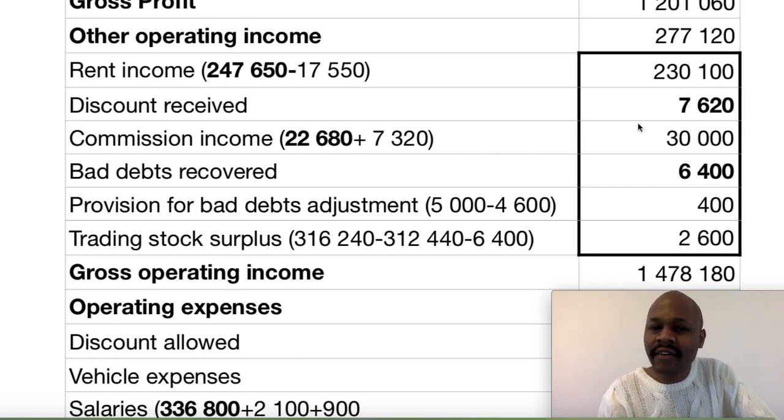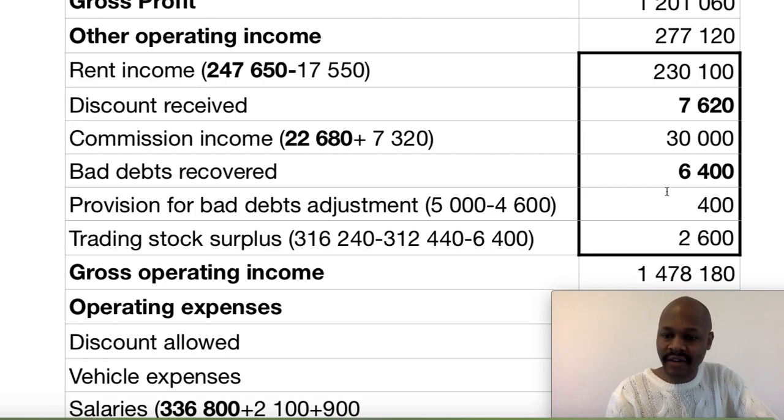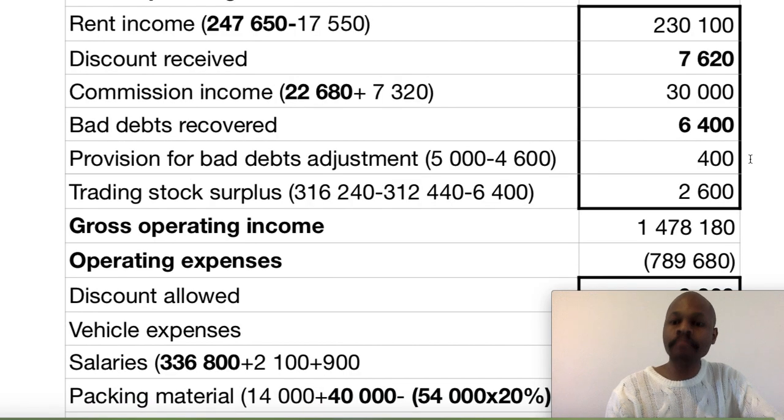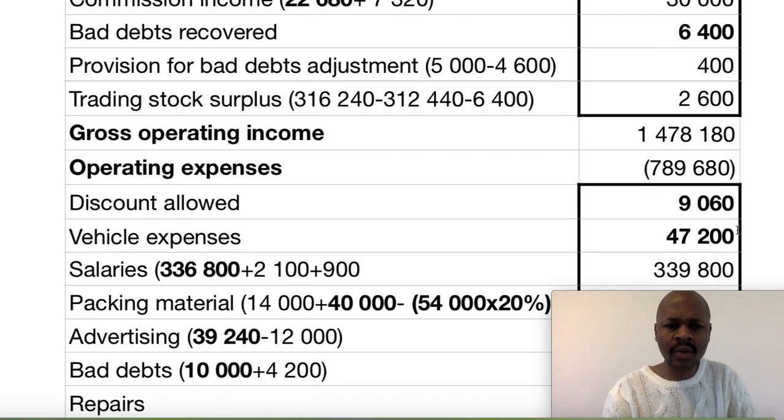Now that we have the operating income covered, we add all of them, they amount to 277,120. When you add 1,201,060 to 277,120, they all give you 1,478,180. We have done what?